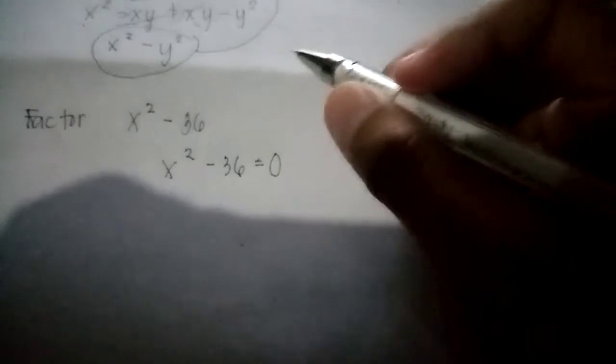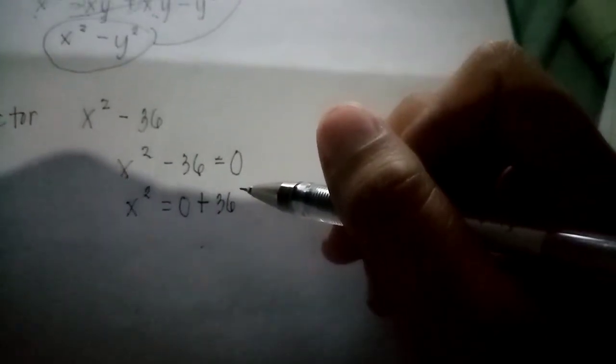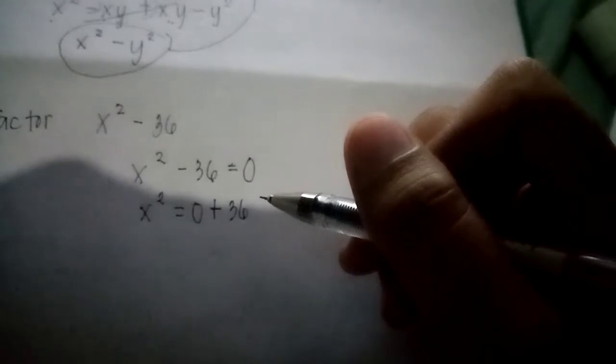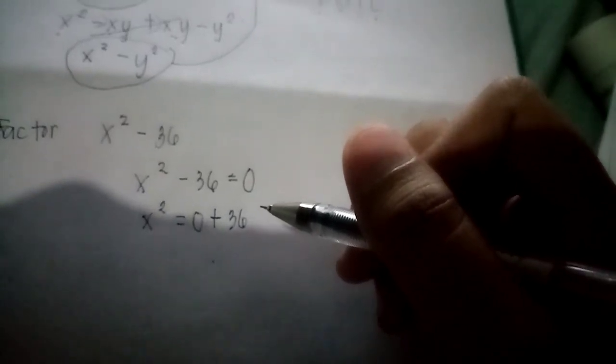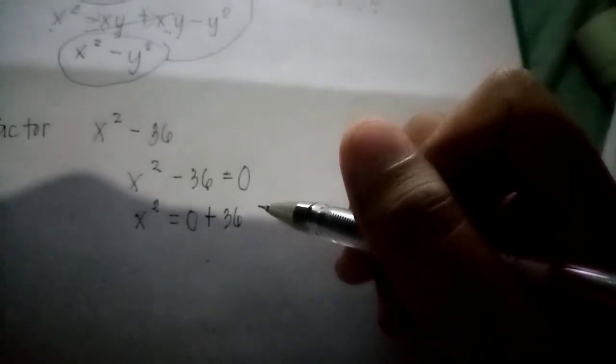X squared minus 36 is equal to 0. Then, transpose the negative 36. It will become x squared is equal to 0 plus 36, because if you transpose a number or a variable to the other side of the equal sign, you must change the sign.